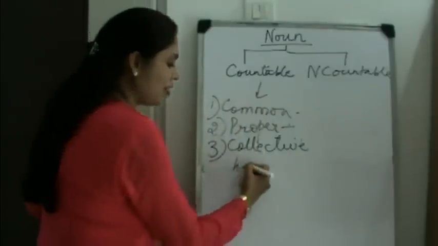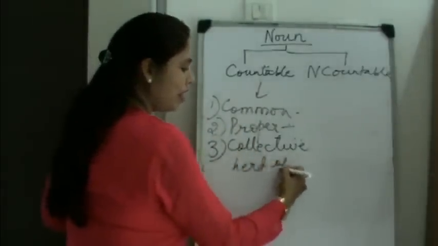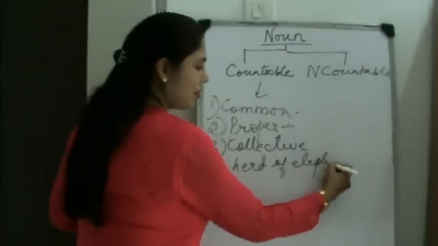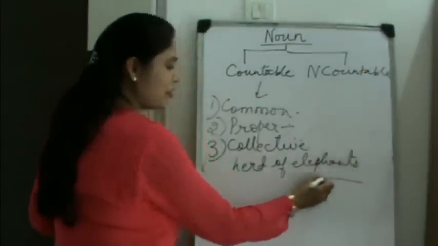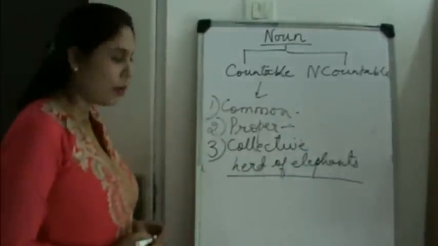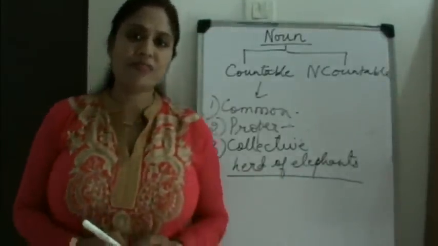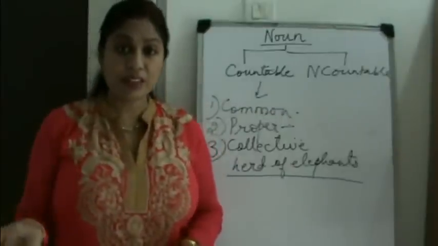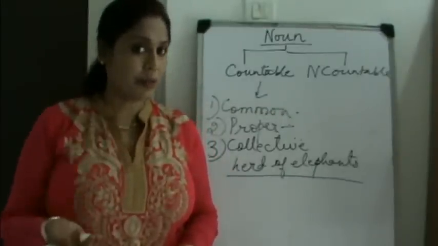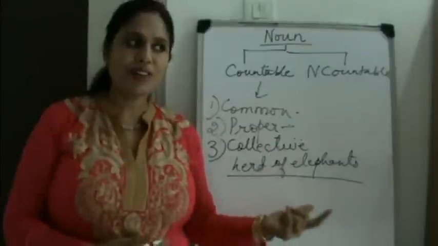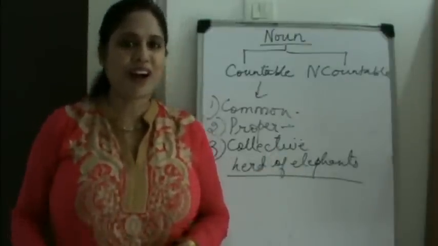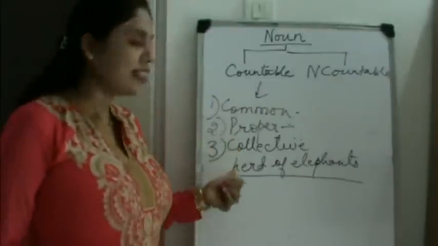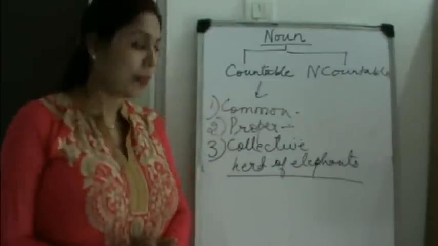For example, I say herd of elephants. This entire phrase is referred to as the collective noun. So a herd of elephants, a hive of bees, a bunch of grapes, a grove of trees, a murder of crows, a parliament of owls, etc. are examples of collective noun.